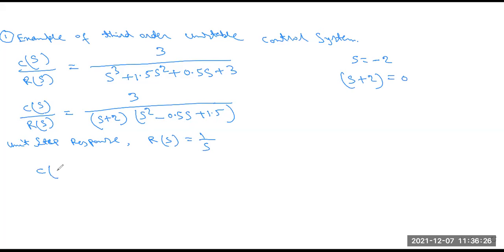So now Cs equals 1 by s times the transfer function, because R(s) is multiplied with these functions, and this R(s) equals 1 by s, so that's why we write 1 by s dot. The other part is the same, that is 3 by (s plus 2) into (s square minus 0.5s plus 1.5). Okay, this is clear also.